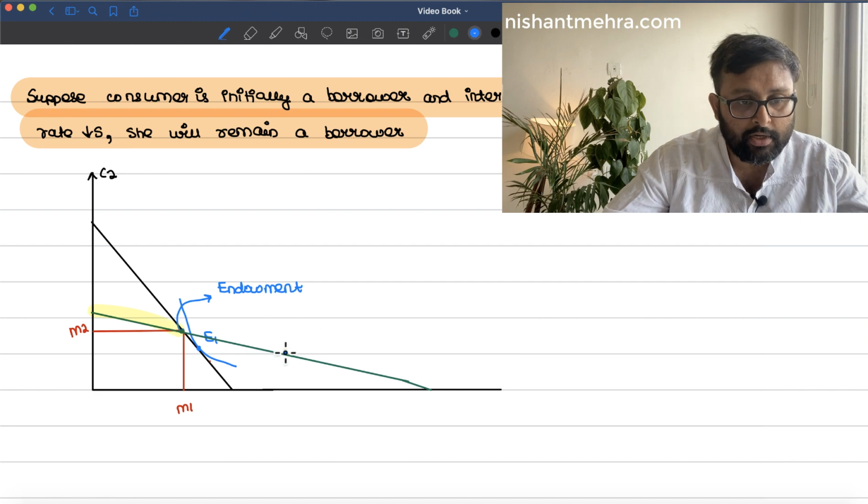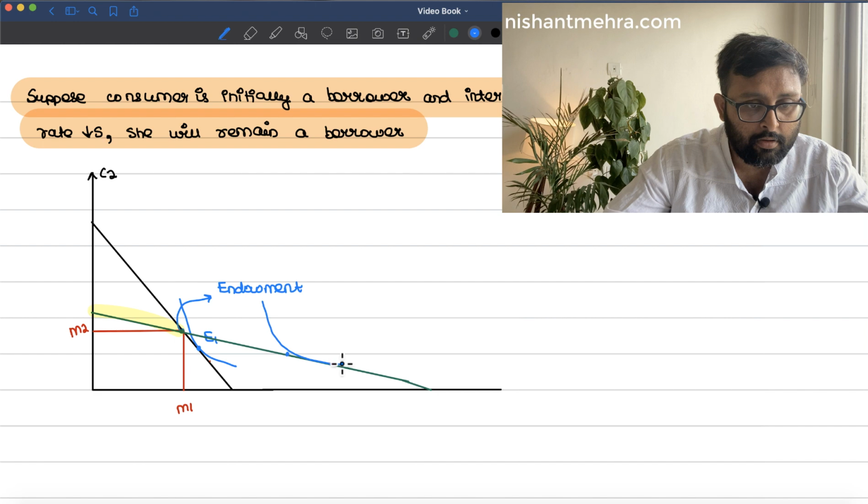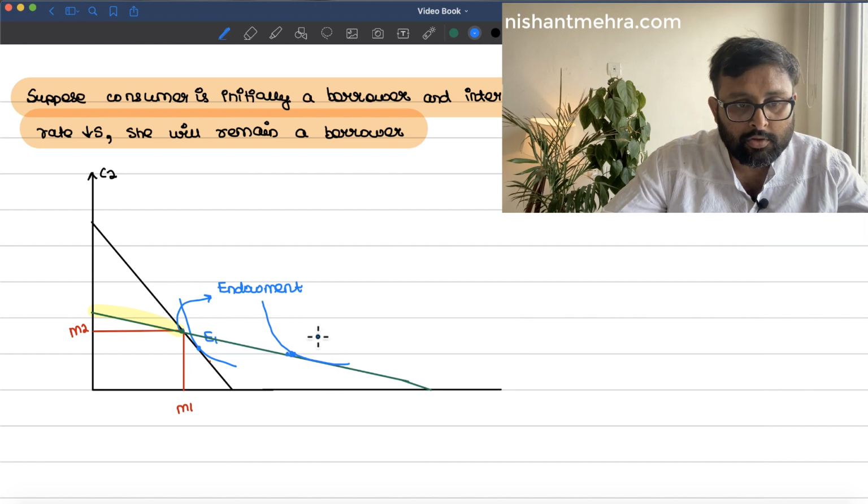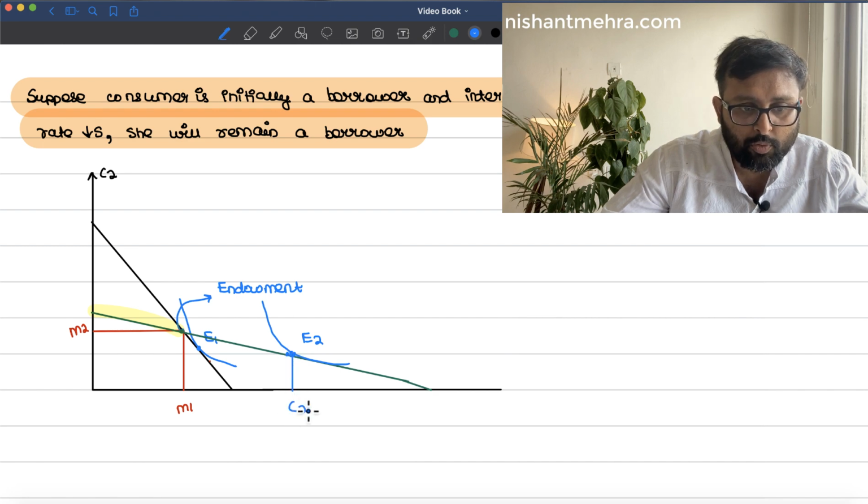So if you're going to choose somewhere here, let's say this is E2. Now again your consumption is way more than what your income is in this period. Sorry, this is C1.